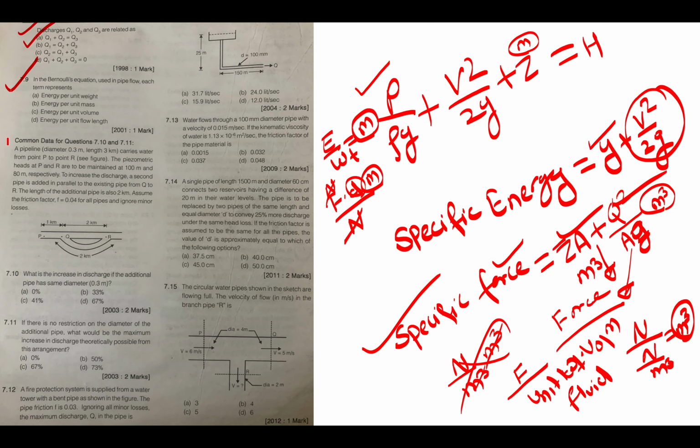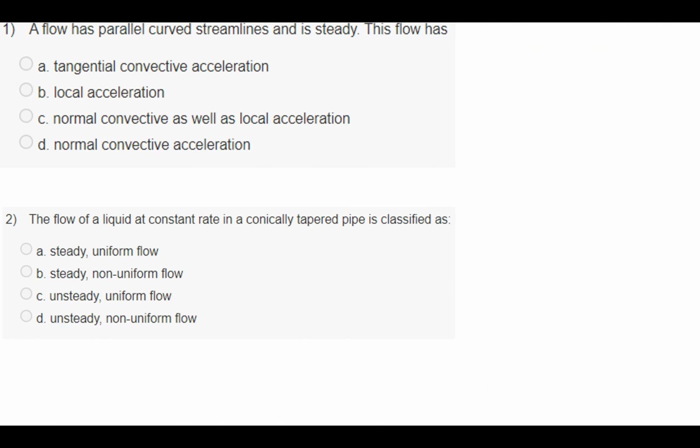So now moving ahead to the next question. This question is from your parallel pipe flow. But before discussing this question, we'll move ahead on the concept. Here it is a very important question, or you can think this is a new question.